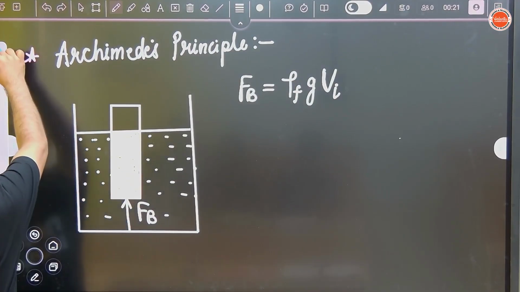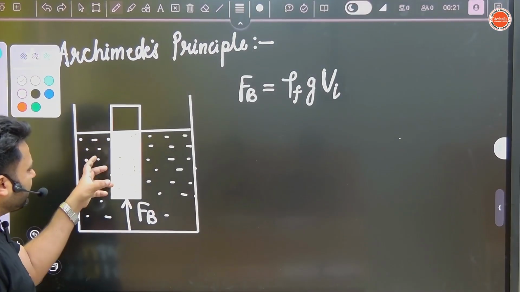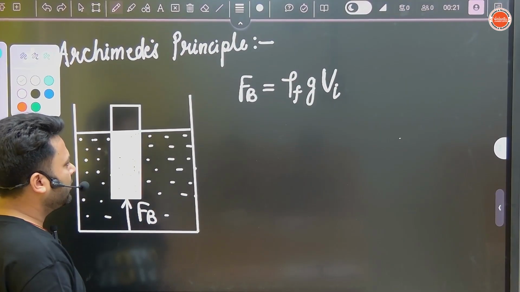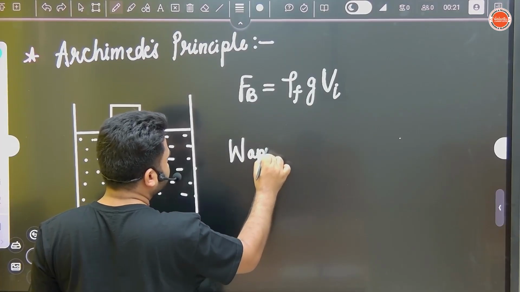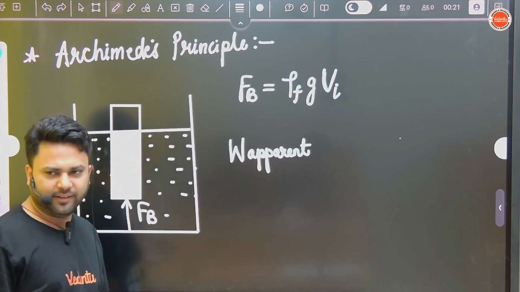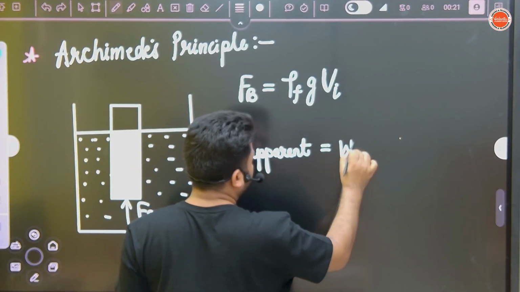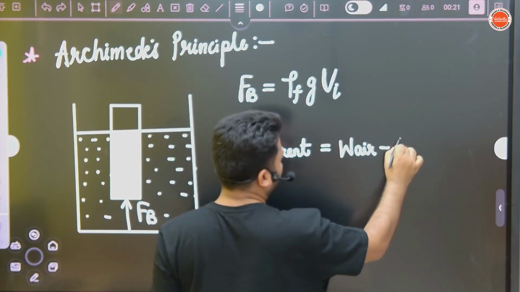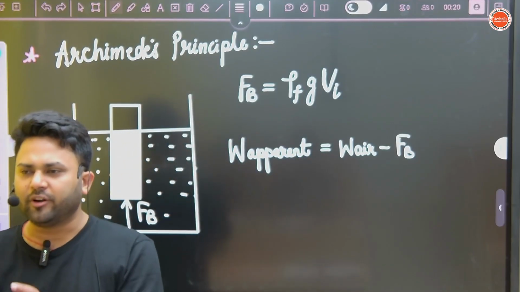Due to this upward force, the weight of the object we feel is a little less. The lesser weight we call apparent weight, that is, the weight in fluid. Apparent weight is weight in air minus this buoyant force. Suppose weight in air was 100, buoyant force 40.